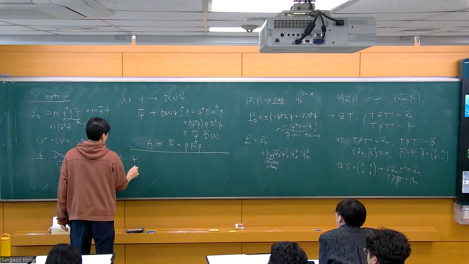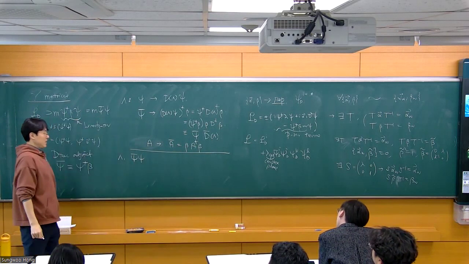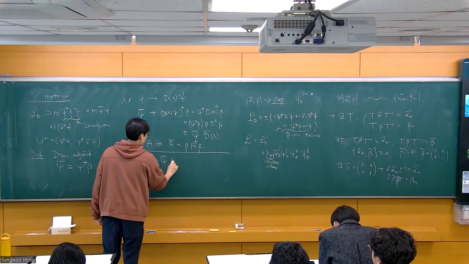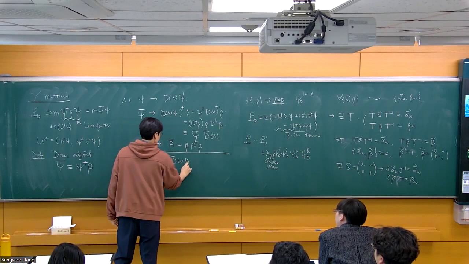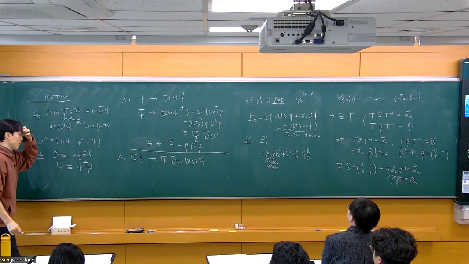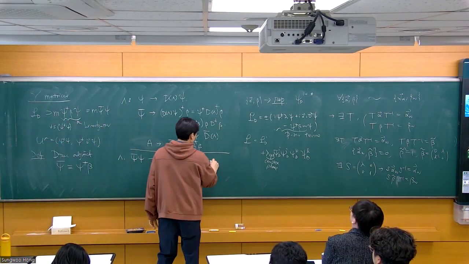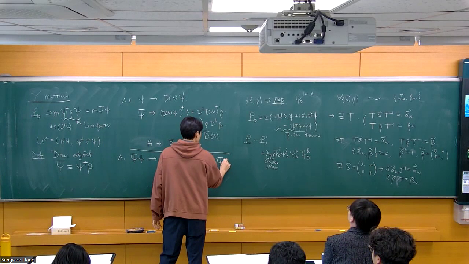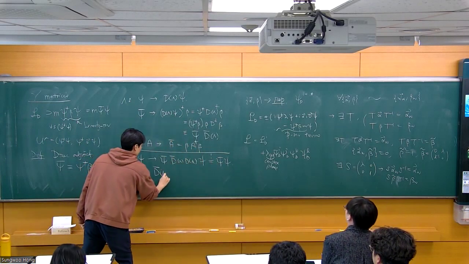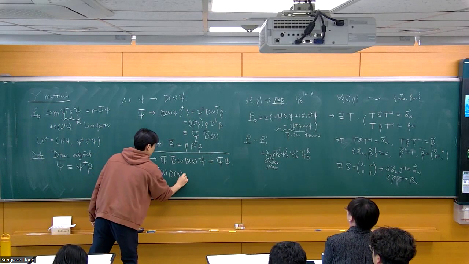So under the Lorentz transformation, psi bar psi goes to psi bar D bar, like so. That's exactly what we worked out.